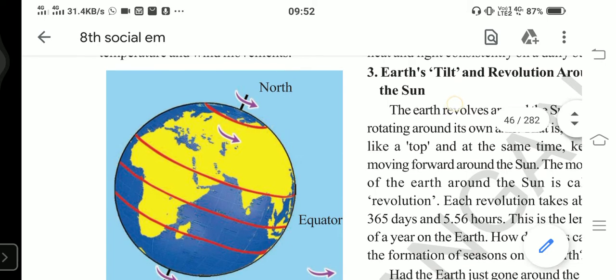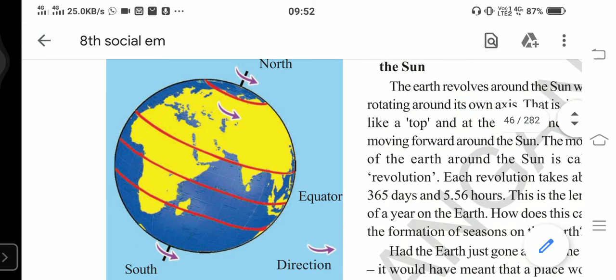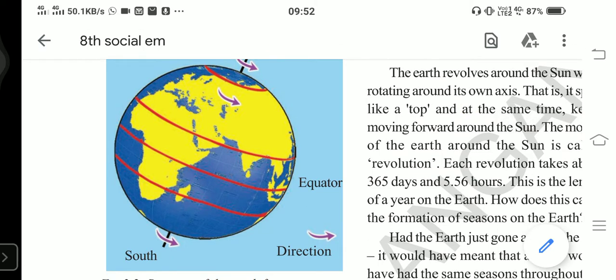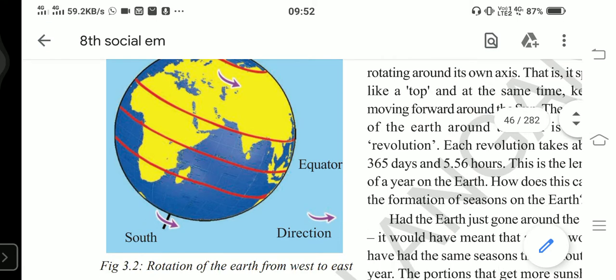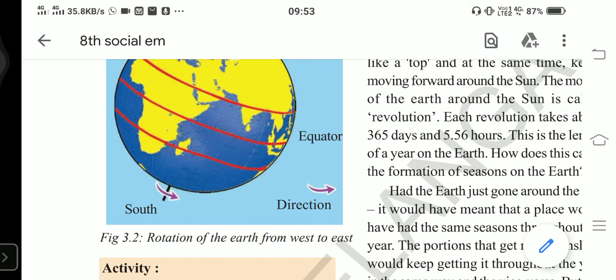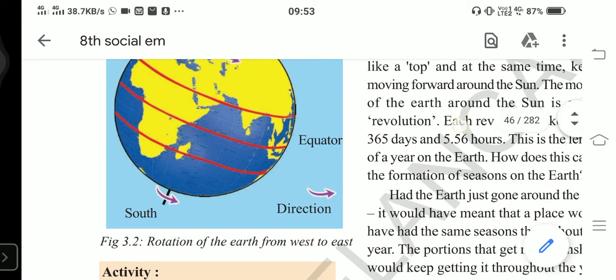So the spherical shape of the earth and its curvature will cause the insolation to be different at different places, right? The heat is not distributed similarly throughout the earth's surface. Some regions are heated very much and some other regions very little.